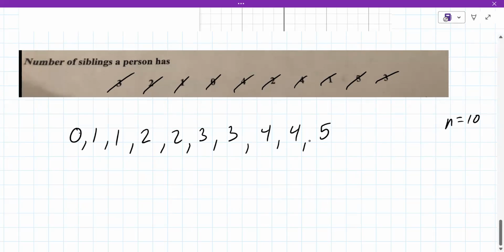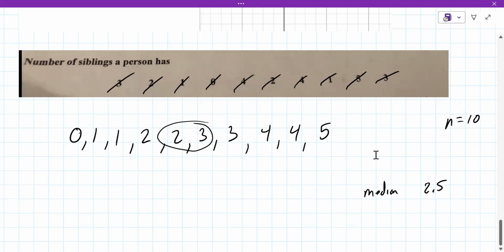The median is the middle number, but this does not have a middle number. This has 2 middle numbers. You have to find the average of the 2 middle numbers, and that's 2.5. So your median is 2.5.